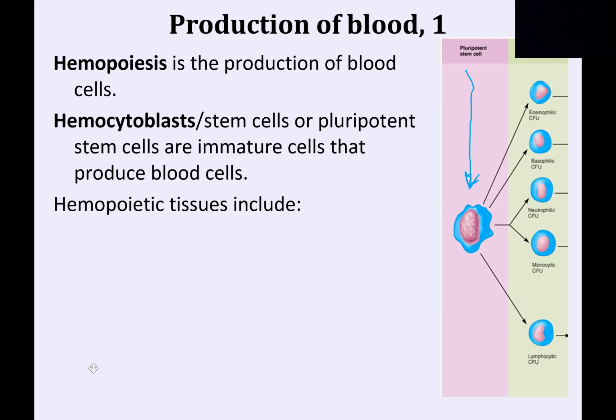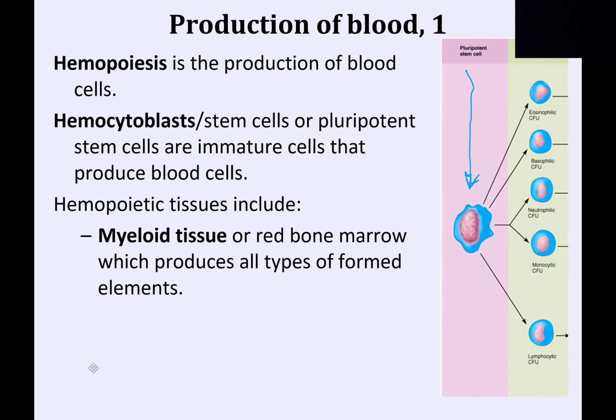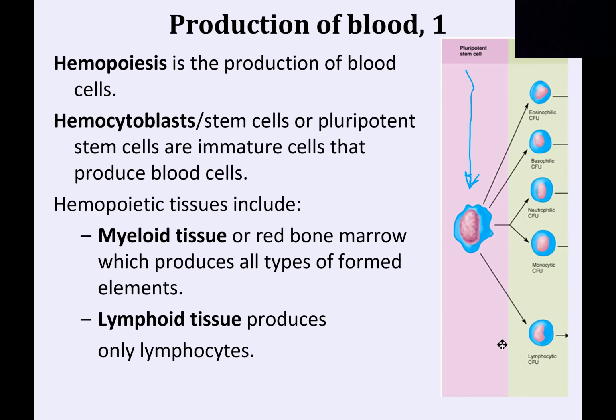Hemopoietic tissues, the tissues that are responsible or potentially make formed elements. Myeloid tissues are the red bone marrow. They produce all kinds of formed elements. Lymphoid tissues in adults only produce lymphocytes.